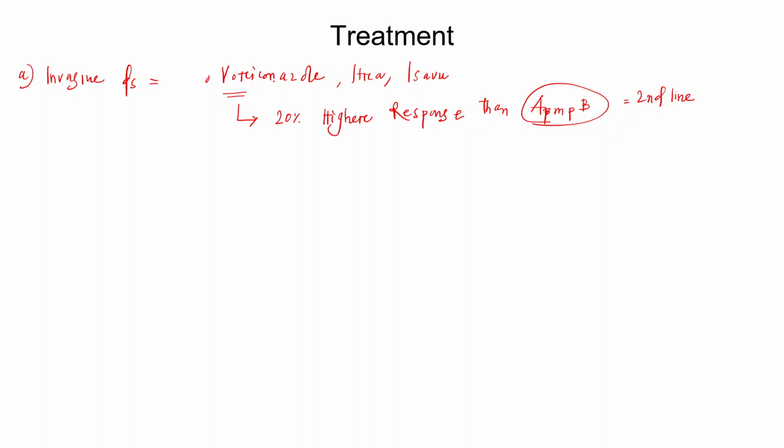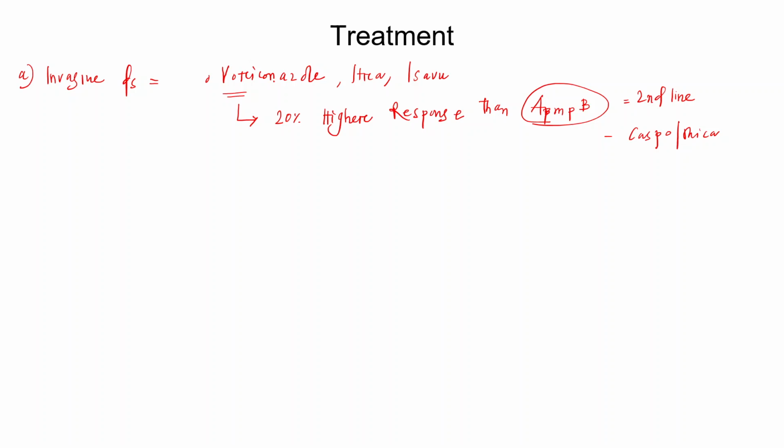Other second line agents include caspofungin and micafungin. So voriconazole and isavuconazole are the front line or first line agents for invasive aspergillosis. Voriconazole has shown 20% higher responsiveness than amphotericin B, which is a second line agent.